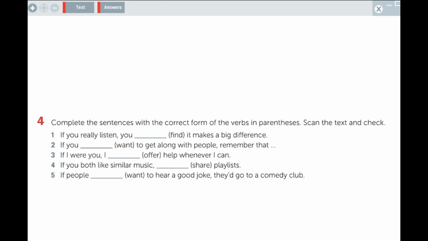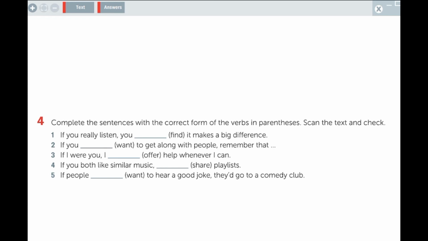Number 3, if I were you, I, using the verb offer, help whenever I can. 4, if you both like similar music, using the verb share, playlists. And number 5, if people, using the verb want, to hear a good joke, they'll go to a comedy club.